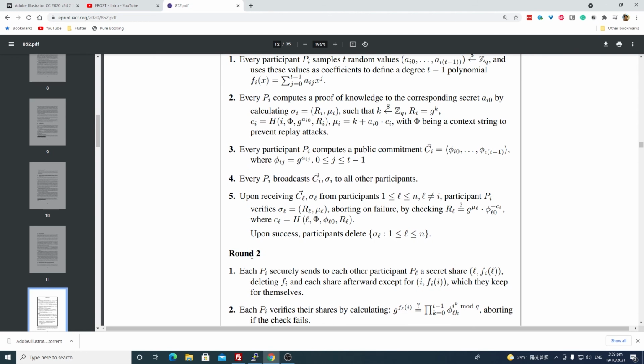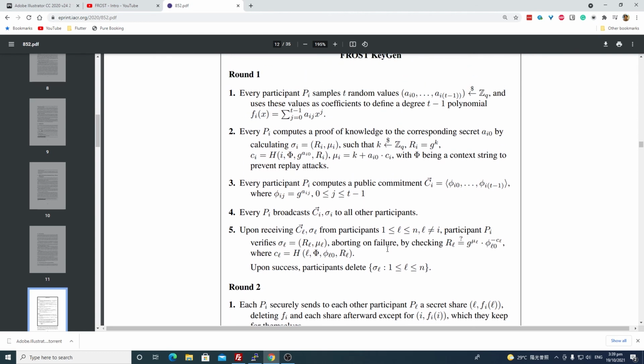We figured out what the algorithm for doing the keygen is. What we can see is that every participant contributes equally because they each have to choose their own term here. And the group secret is simply the sum of all these individual secrets.